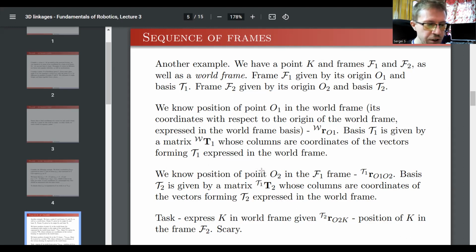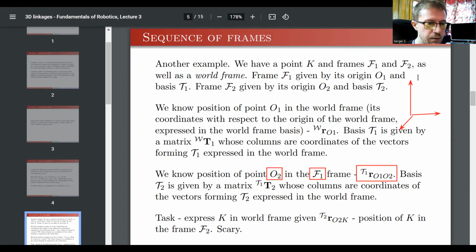Now, we also know position of the point O2 in the frame F1. So we know O2 in the frame F1. Okay. And as before, it is exactly what you would expect, right? You have the frame F1, this is the F1 frame.